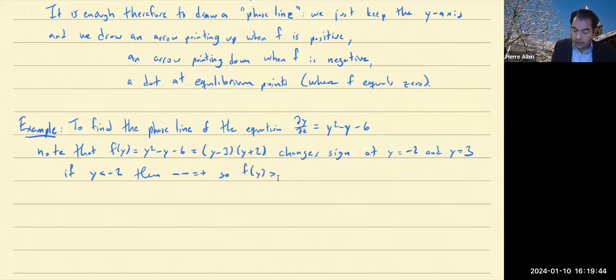So f of y is positive. If we're in between minus 2 and 3, then this is still going to be negative. This is now going to be positive. And so negative times positive is negative. And then if y is greater than 3, then both of these factors are positive, so we end up with positive.